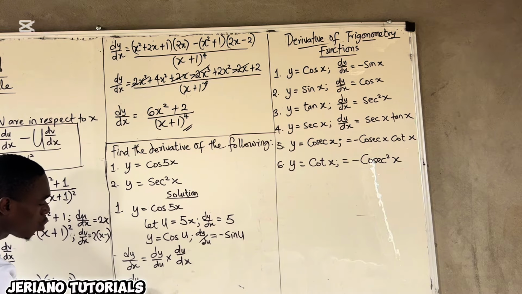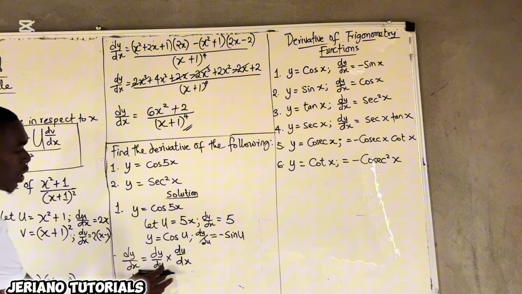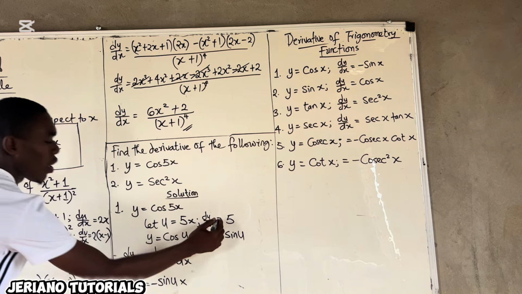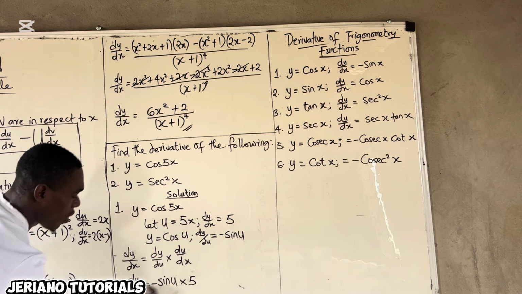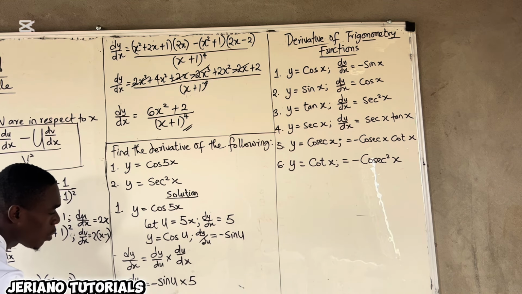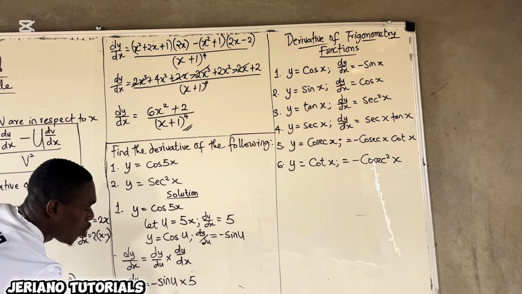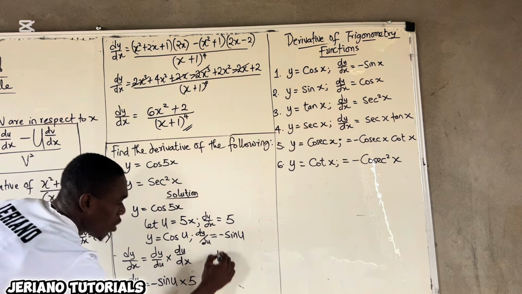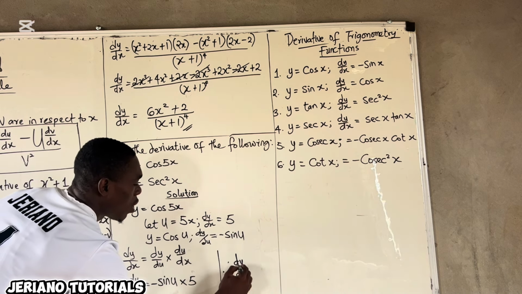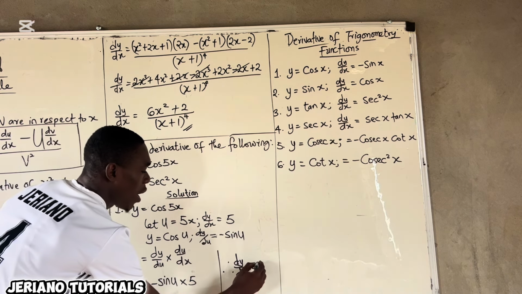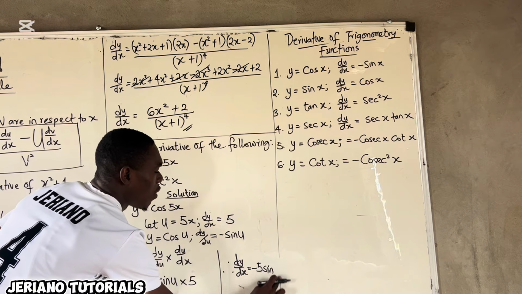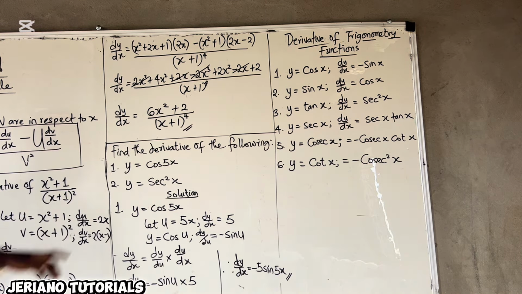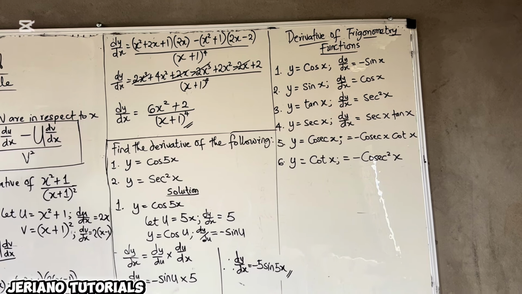So dy du is minus sine u times du dx, du dx is 5. So when you multiply, dy dx becomes minus 5 sine u. Recall, u is what? 5x. Therefore, dy dx becomes minus 5 sine 5x. This is the derivative of y equal cos 5x.